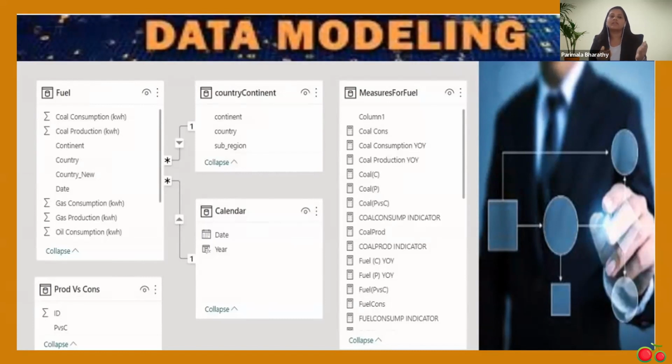I created one more table, production versus consumption, for my waterfall chart. And I included one more data set, country continent, to show the category for continent, as I had only country in my original data set, and created the relationships between these tables.